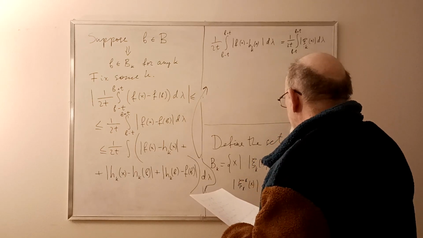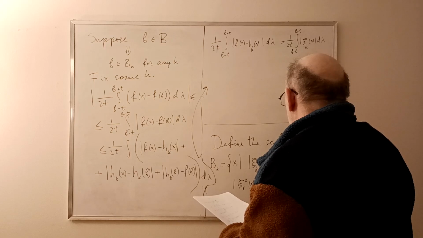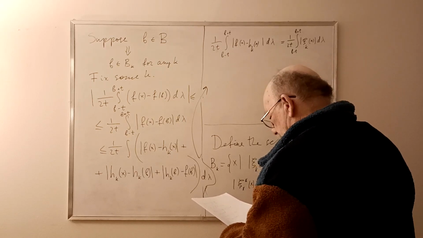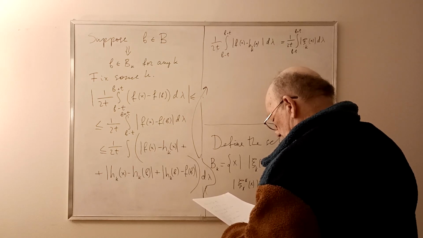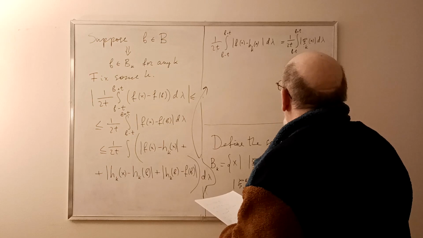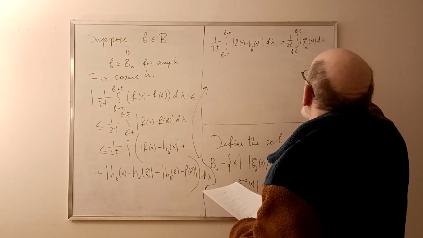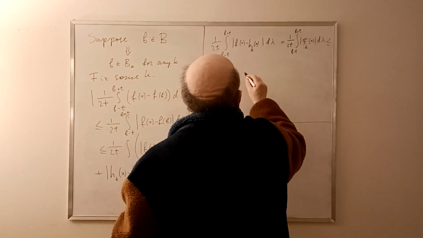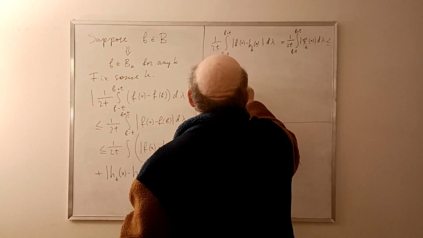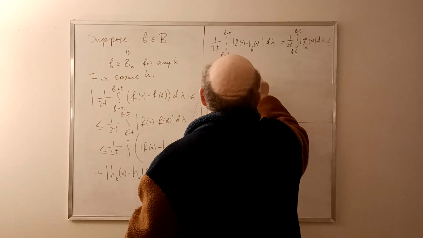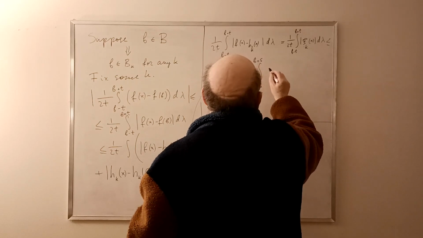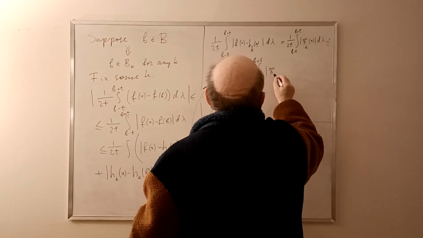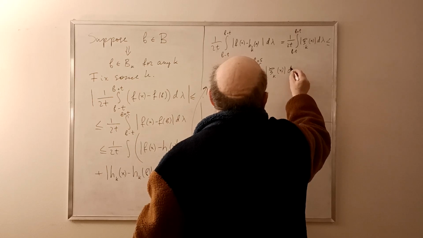And by definition of the set, it is less or equal supremum over, say, s, 1 over 2s integral from b minus s to b plus s, module ck of x d lambda.